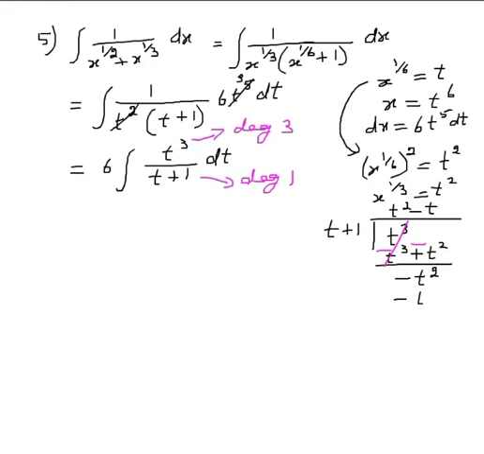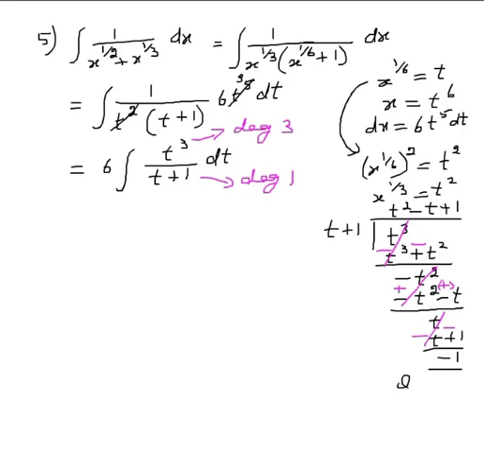Minus t into t is minus t square. And 1 into minus t is minus t. Change the sign. These two will get cancelled. We get plus t. Therefore, plus 1 here. t plus 1. Change the sign. Therefore, the remainder is minus 1.